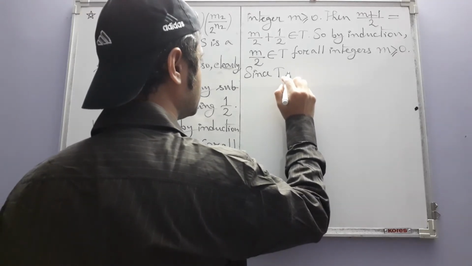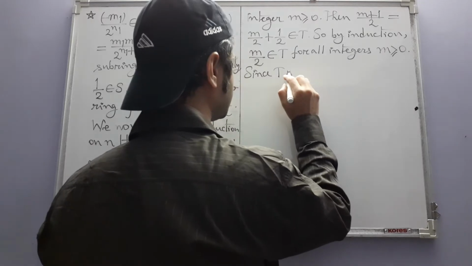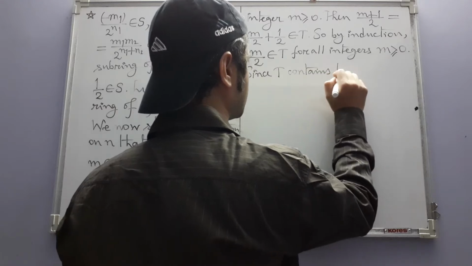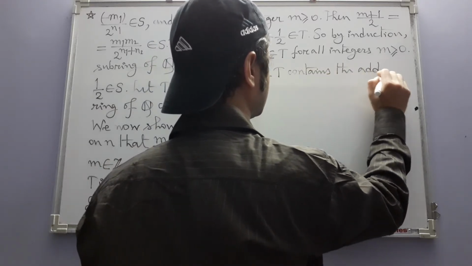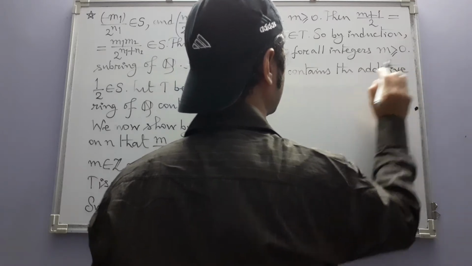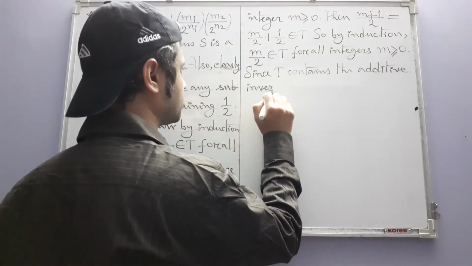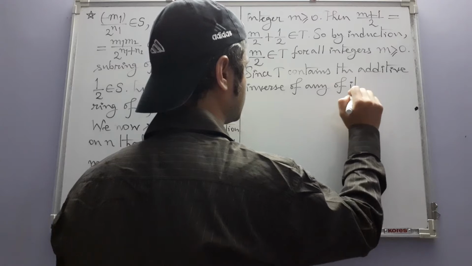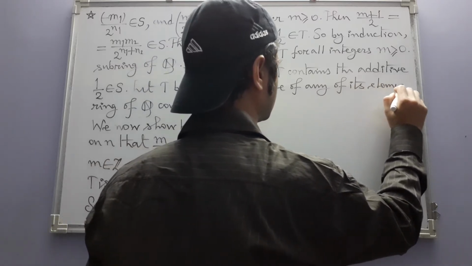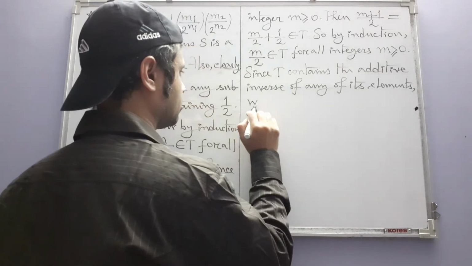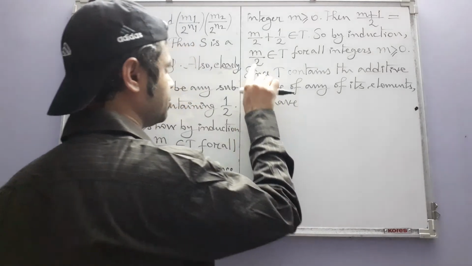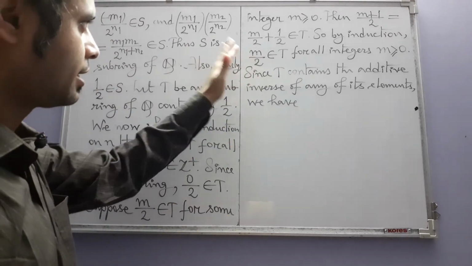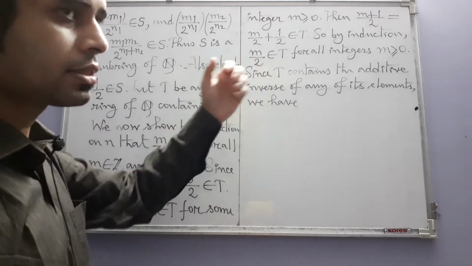Let us just write explicitly, since t contains the additive inverse of any of its elements, we have, if you take a specific value of a positive integer m, then its additive inverse equals minus m divided by 2.